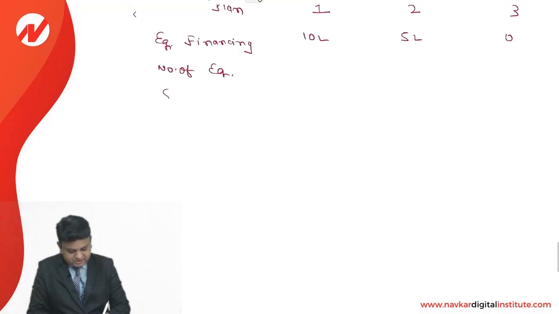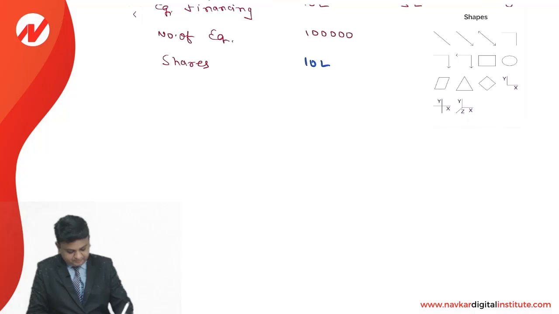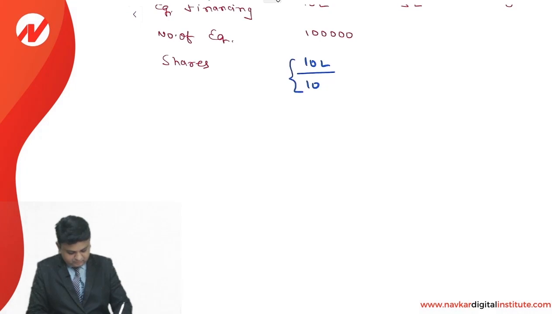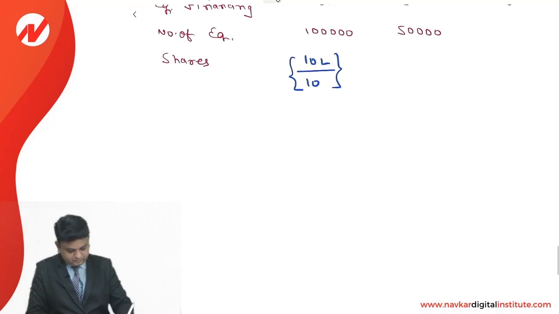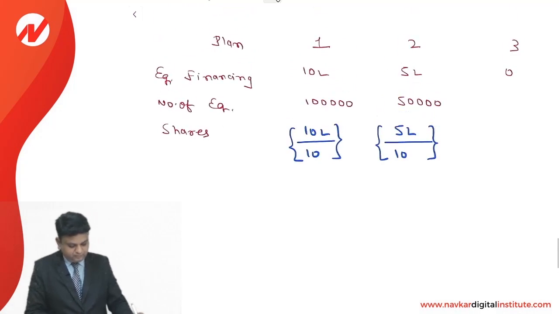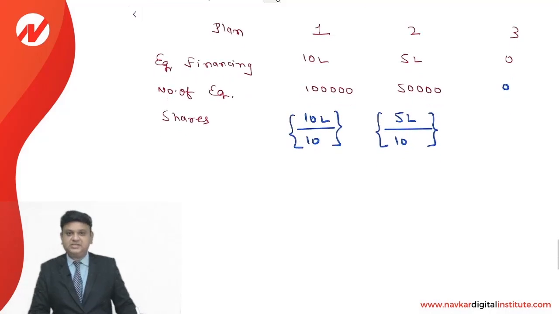So number of equity shares, in the first case it will be 1 lakh, that is 10 lakhs upon 10. In the second case it is 50,000, that is 5 lakhs upon 10. And in the last case, the number of additional equity shares will be 0, because that is entirely the debt plan.